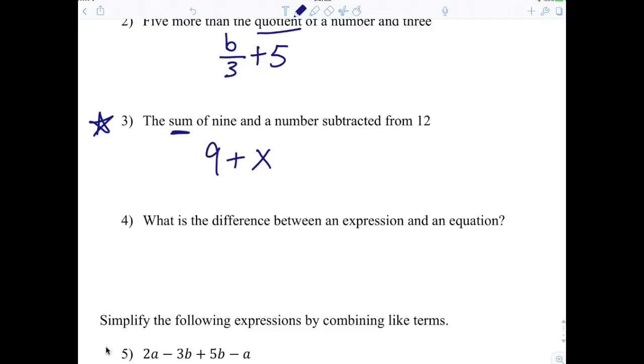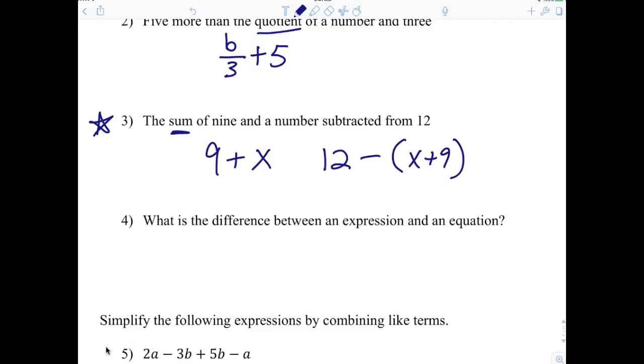So the point is, you're going to have to say 12 minus the sum. This is kind of tricky here too. 12 minus, we have to add the x plus 9 first. So that should be in parentheses.